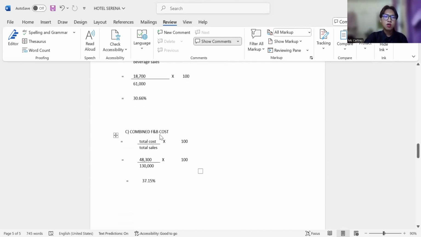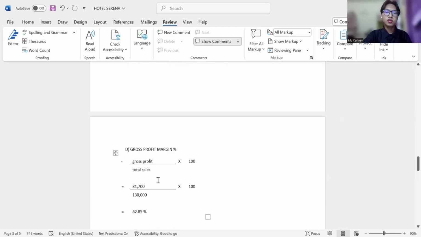To calculate combined F&B cost, we use the formula total cost over total sales multiplied by 100: 48,300 over 130,000 multiplied by 100, and we get 37.15%.